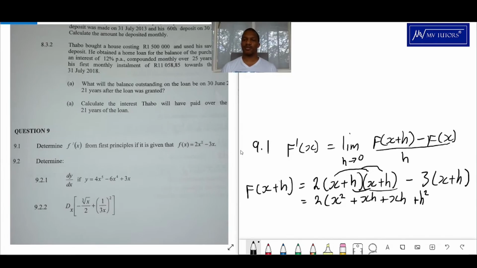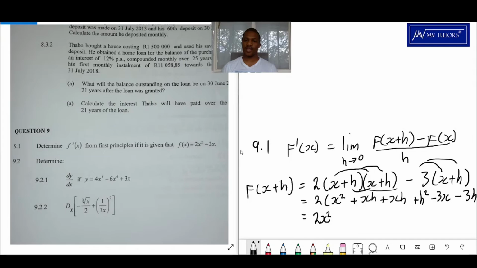Now I need to multiply this one. Minus 3 times x is minus 3x. Minus 3 times h is minus 3h. Cool, let us continue in that trajectory. So this one is going to be 2x squared. I'm just multiplying the 2 in.